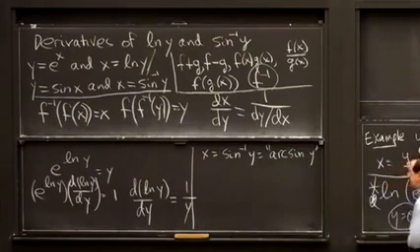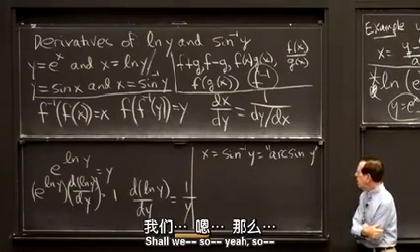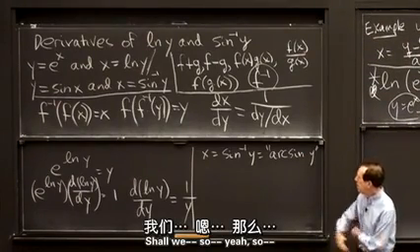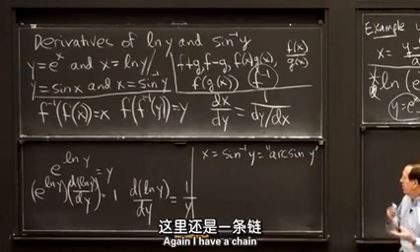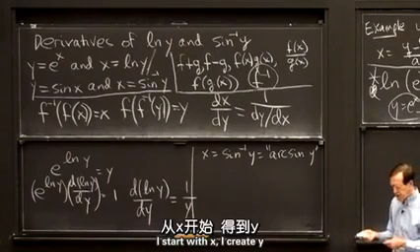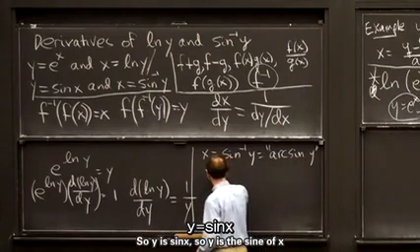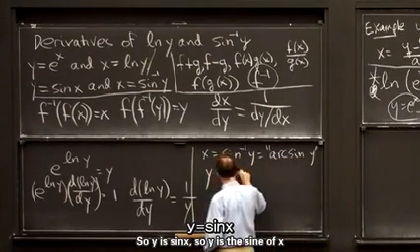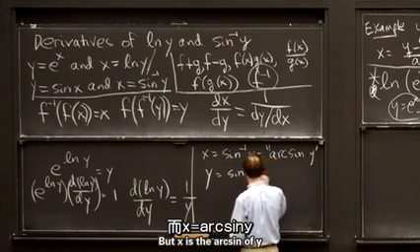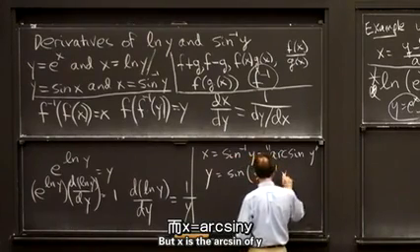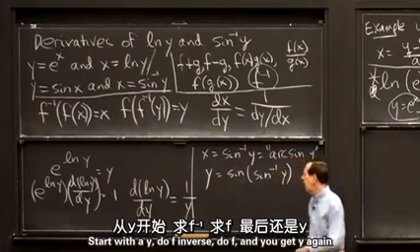Okay, good. All right. Shall we? So again, I have a chain. I start with x. I create y. So y is the sine of x, but x is the arc sine of y. That's the chain. Start with a y, do f inverse, do f, and you got y again.